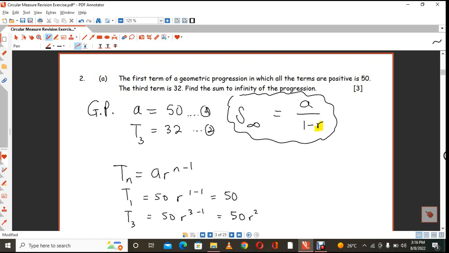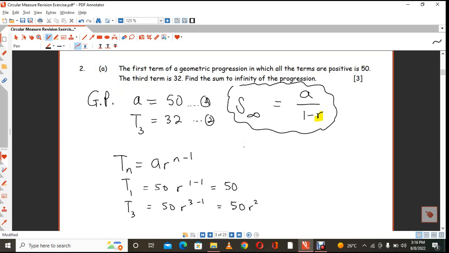We also know that the third term will equal 32.